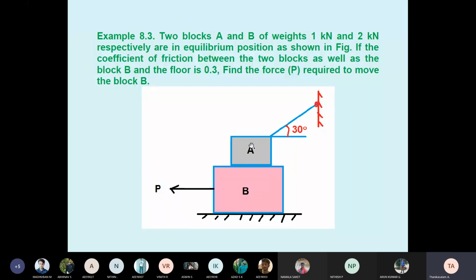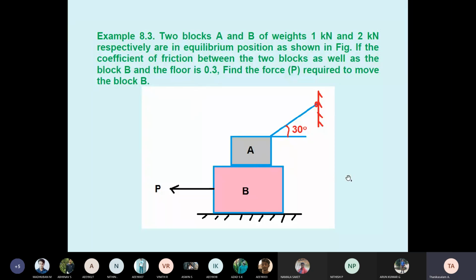A is in contact with B, therefore friction develops between A and B. Similarly, consider B. B is in contact both at the bottom and the top: the bottom is the horizontal floor, the top is another block. So when considering block B, there are 2 frictions, bottom and upper. That's why they gave that the coefficient of friction between the 2 blocks, as well as between block B and the floor, is 0.3.